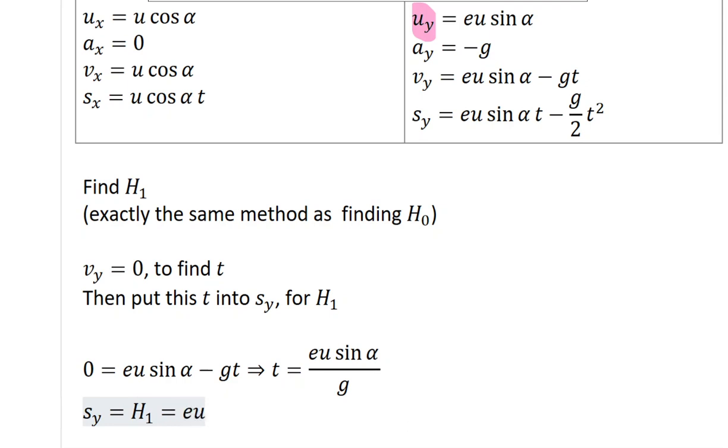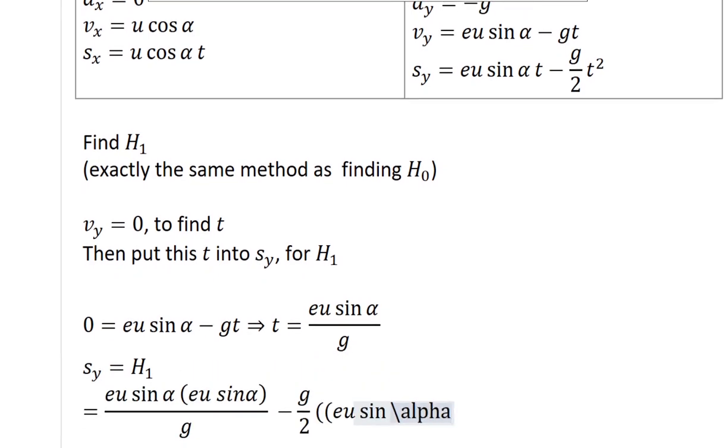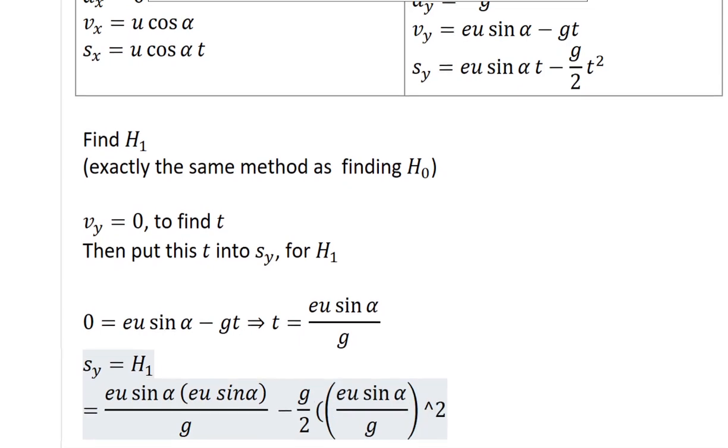And so that would be eu sine alpha by t, which is eu sine alpha over g, minus g over 2 by t squared, which is eu sine alpha over g, and that's squared.